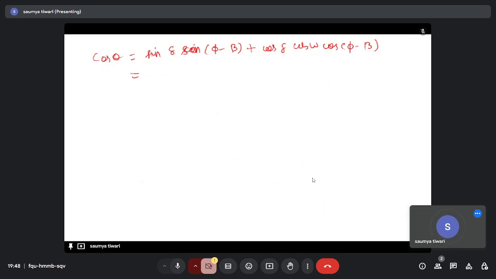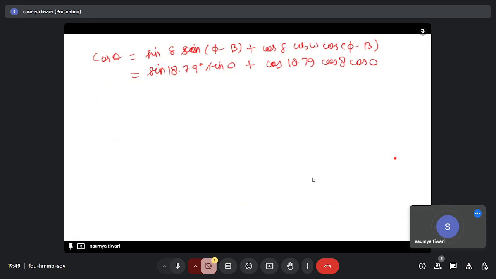We know that delta is 18.79 degree, and phi and beta are equal, so it will be sine 0. Cos delta is 18.79, cos omega, omega is 8 degree, and this will be cos 0. Sine 0 is 0, so this term cancels.